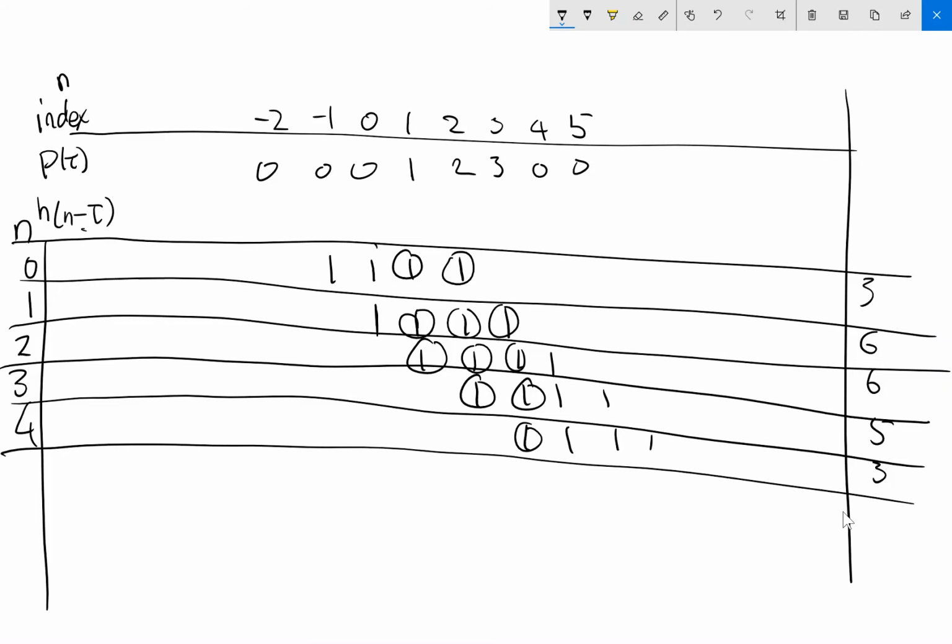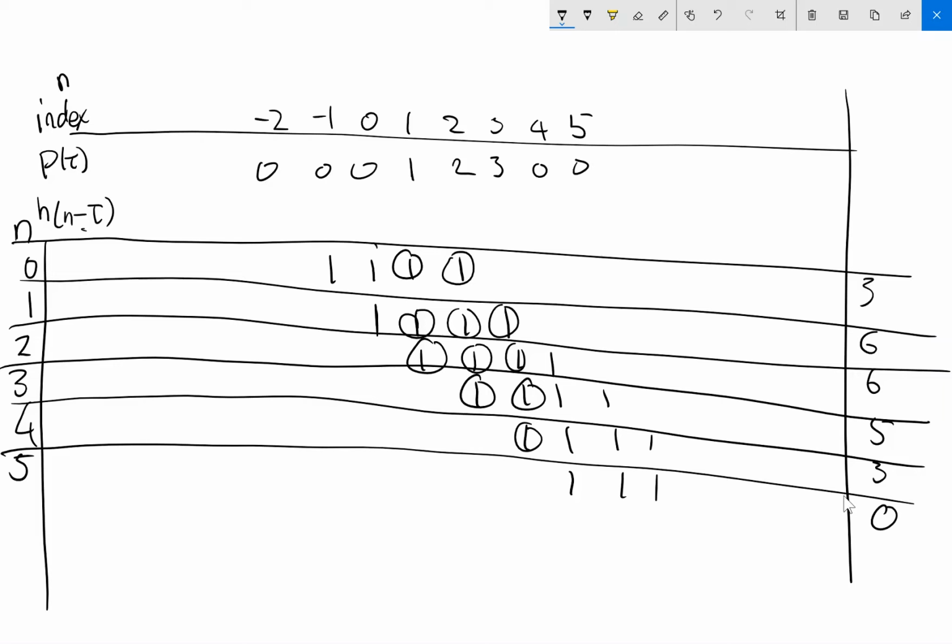And 5. You should keep going until you see this kind of situation: 1, 1, 1. There's no overlap anymore, and even if you keep shifting to the right, you are not going to see any overlaps anymore. This shows you a sign that you can stop here.